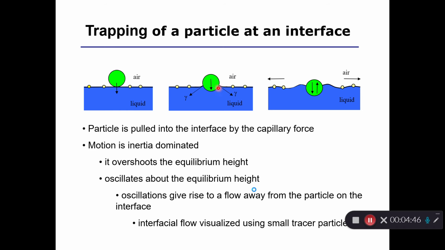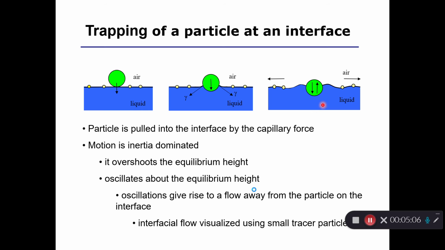When that particle center overshoots the equilibrium height, you can see that the interface is going to be something like this, and now the capillary force component is going to act upward.